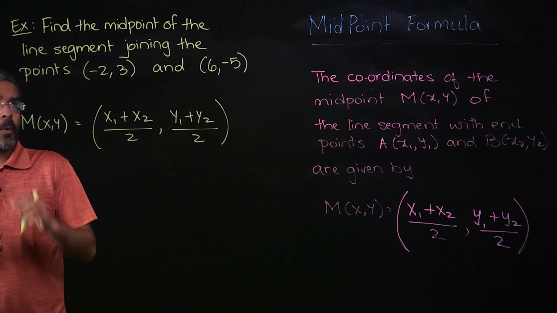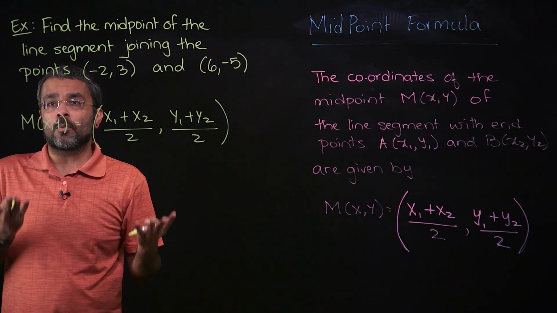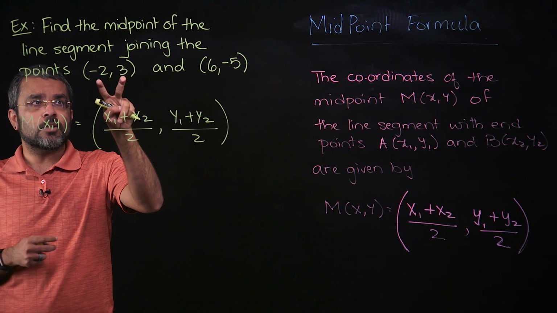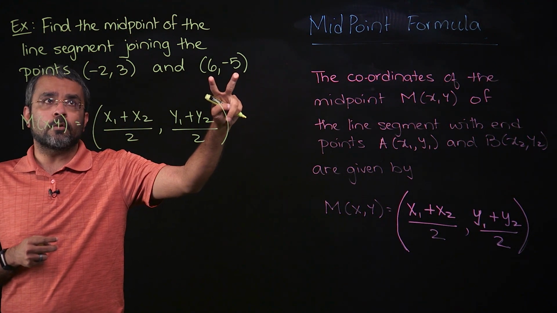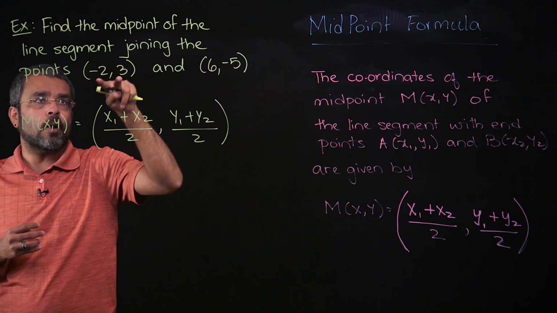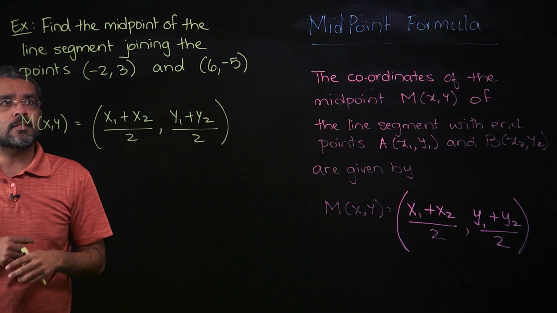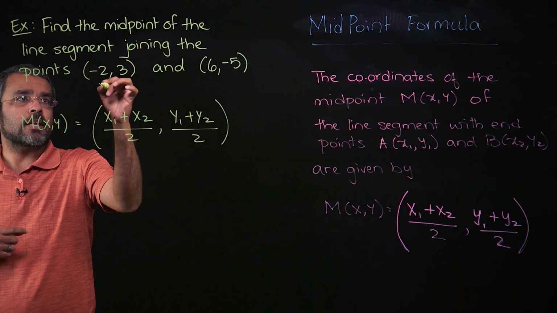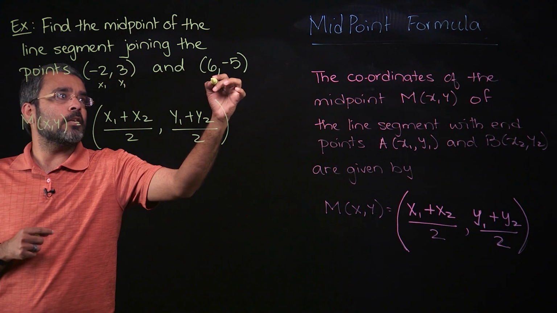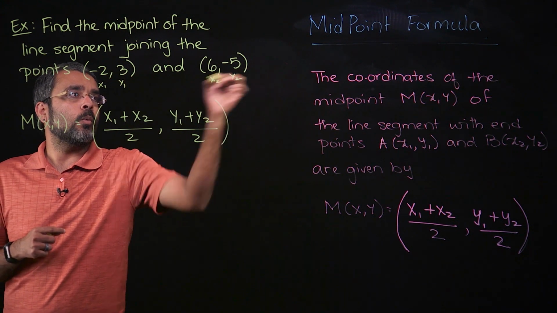Which point is x1, y1 and which is x2, y2? It doesn't matter, it's going to give you the same value. I'll call this x1, y1 and this point x2, y2.